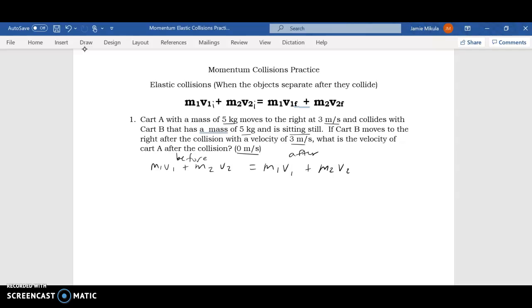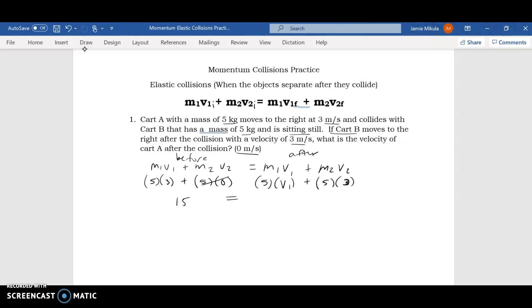Okay, so the mass of the first is 5 times 3 plus 5, and he's sitting still, so 0. So that cancels. 5 times 3 is 15. So that's all we have on the left side of our equation. On the right side, the mass of the first one was 5, and this is what we're looking for. We don't know. The mass of the second one was 5, and it says cart B moves to the right with 3.